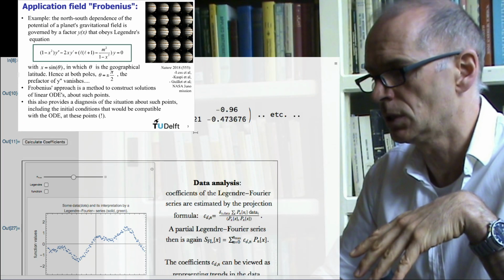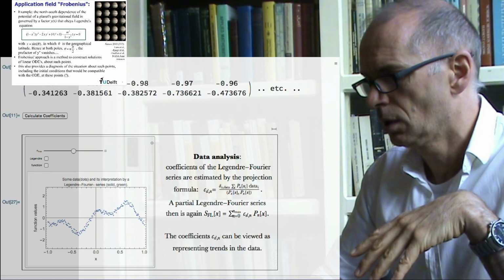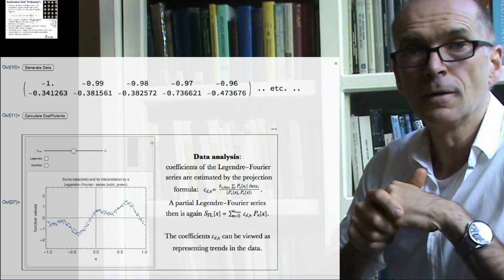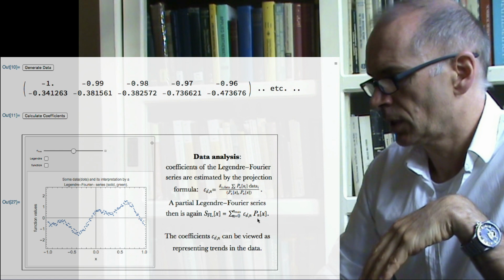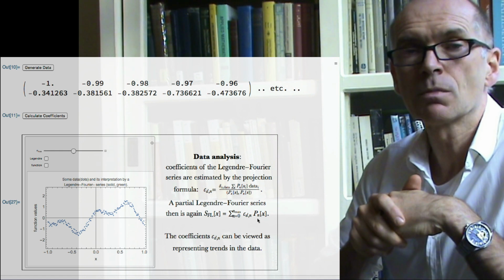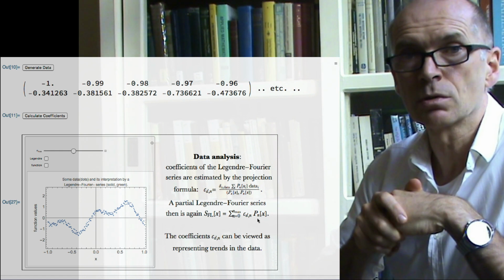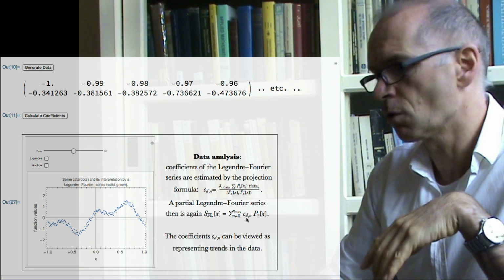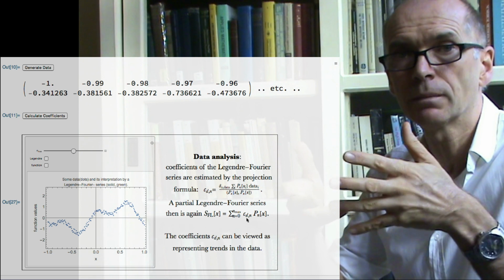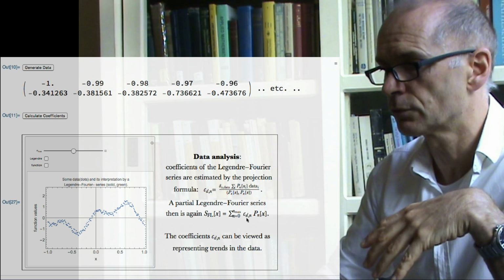Now, that can also be done by using these Legendre polynomials, because I can construct a similar series expansion in Legendre polynomials, and now I call the coefficient CD, D from data.